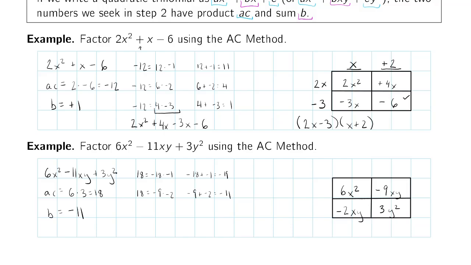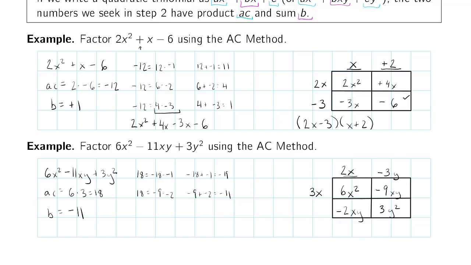In my first row, my greatest common factor is 3x. 3x times what gives me 6x squared? Well, that's going to be 2x. 3x times what gives me negative 9xy? That's going to be a negative 3y.